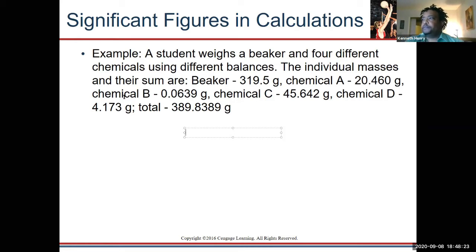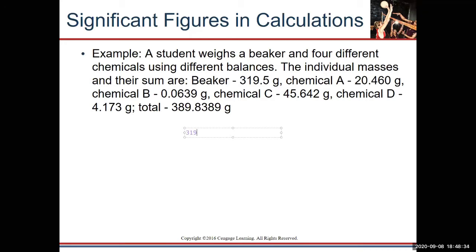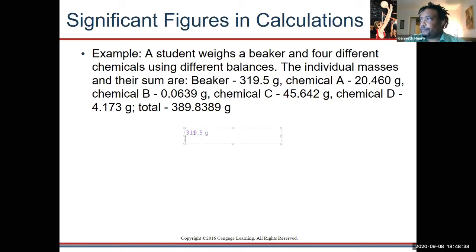And their sums are beaker, 319.5 grams. Chemical A, it's 20.460 grams.